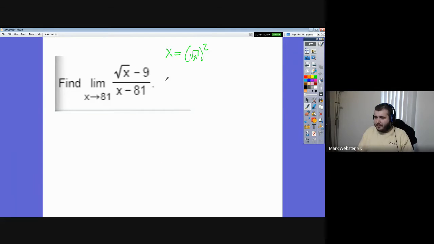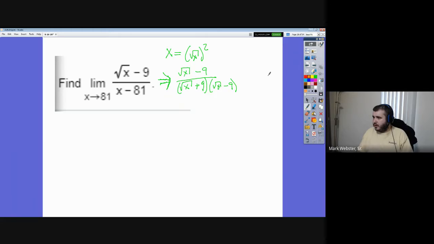So the top isn't going to do anything, but you've got, and again, arrow instead of equal sign for all your thinking. And then on the bottom, we're going to factor it out. Radical x plus 9. Radical x minus 9.